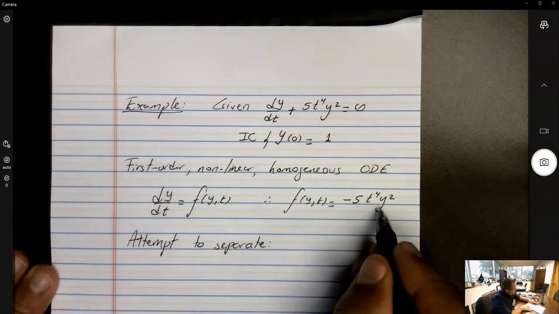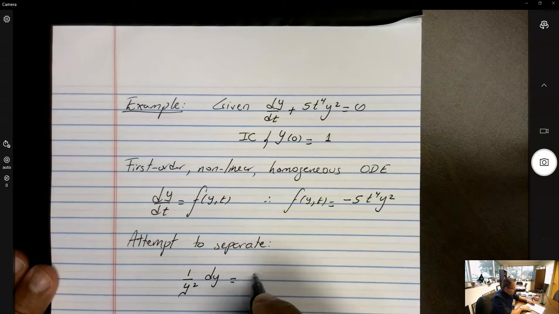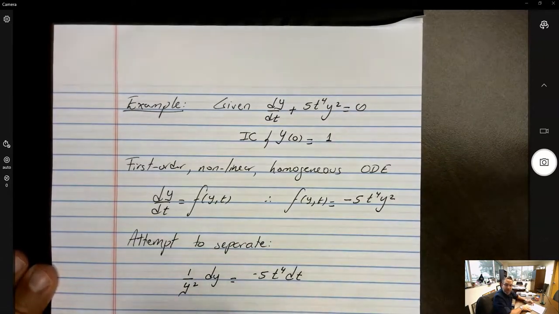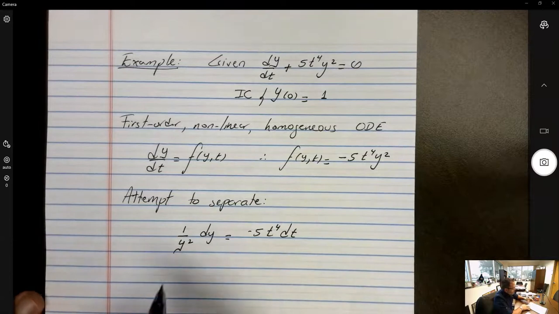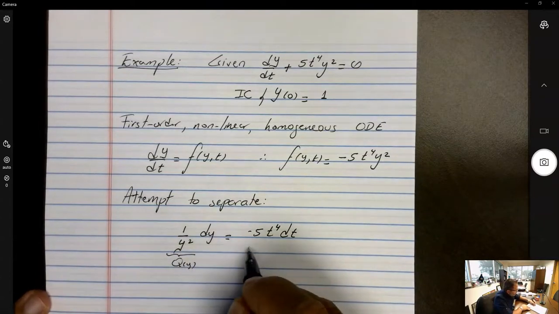And that means I can bring the y squared over to the left hand side, and I get 1 over y squared dy is equal to minus 5t to the 4th dt. That is exactly the same equation as this one, just written differently. Now you can see that this here is q of y, while this here is p of t.